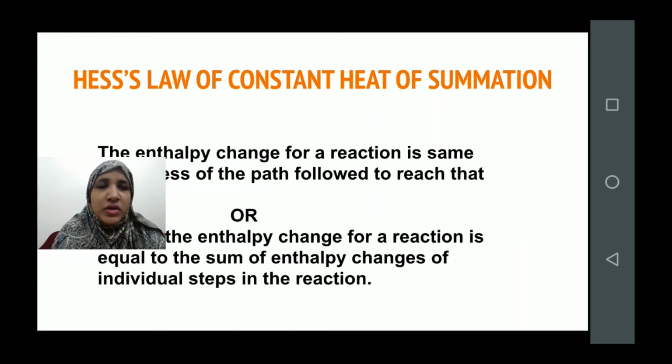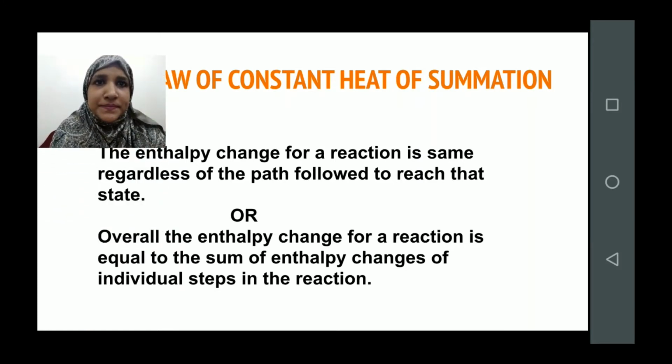It can be stated in many different ways. I have displayed two definitions of Hess's law. The first one says the enthalpy change for a reaction is the same regardless of the path followed to reach that state. The second one says that the overall enthalpy change for a reaction is equal to the sum of the enthalpy changes of individual steps in the reaction.